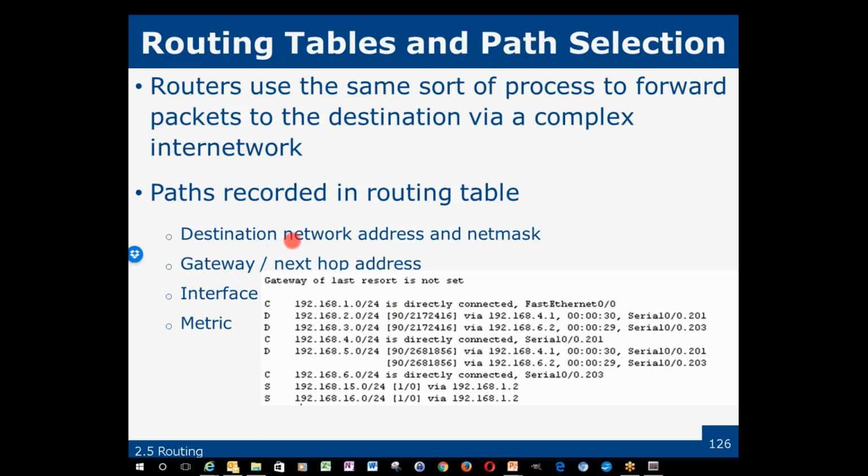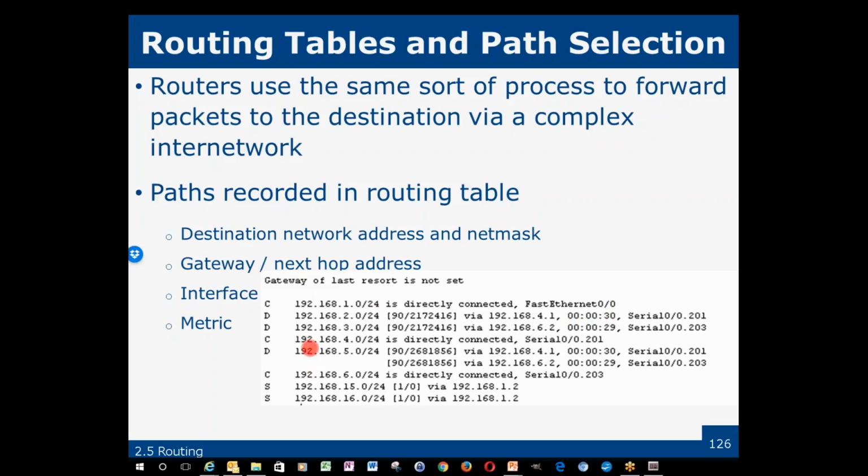So there's the destination network address, along with the subnet mask, and the gateway or next hop address, which here is via 192.168.4.1. That would be the next router down the line. Then there's the interface that it's going to go out of. This one here is the last update time.